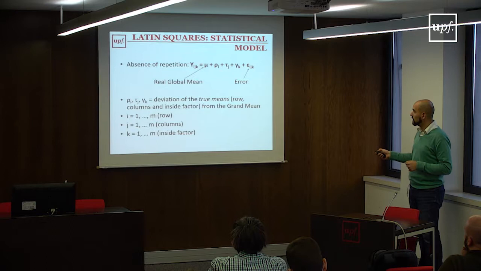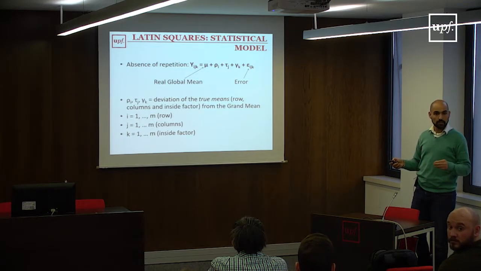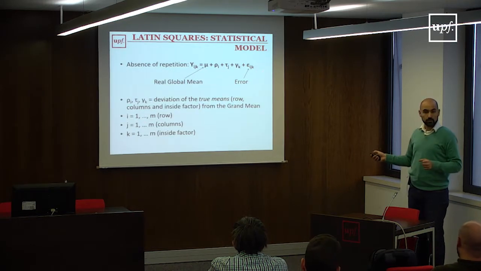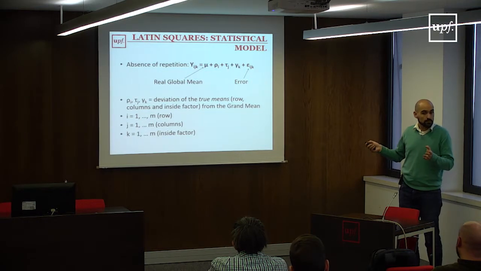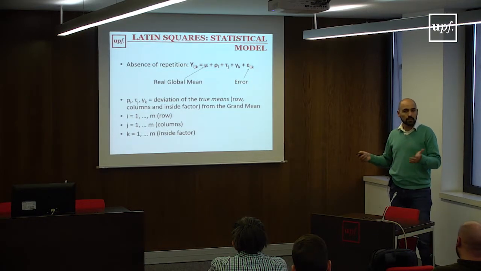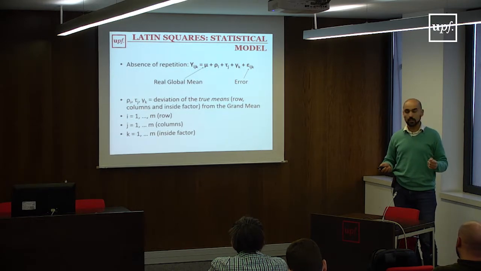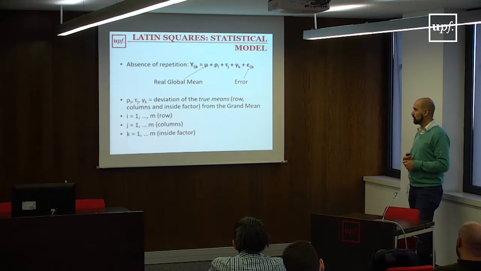So actually these are related to the effect of each of the factors that we are studying. There is a factor related to the error. There are no interactions, because we have said from the beginning that in this Latin square we are not taking the interaction into consideration. So this is the kind of statistical model we are using.